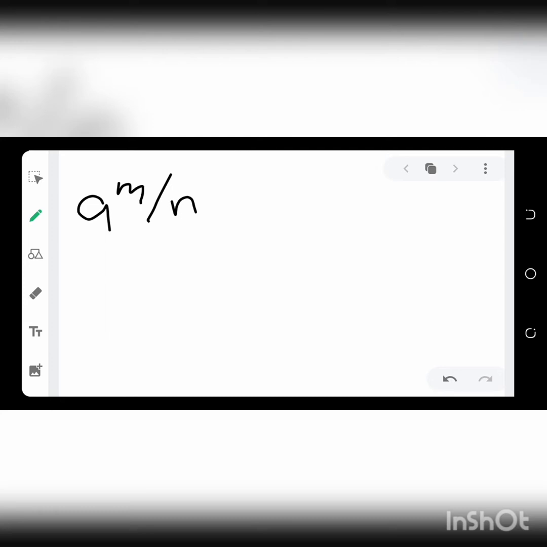That means it simply equals the nth root of a to the power m.